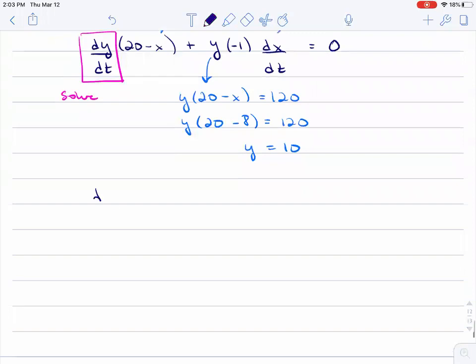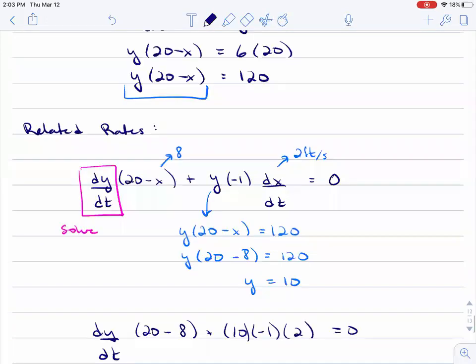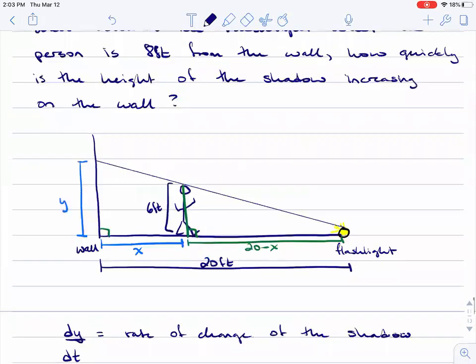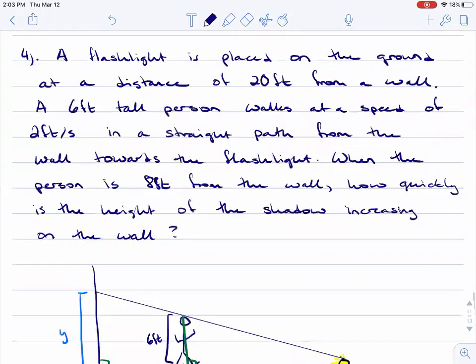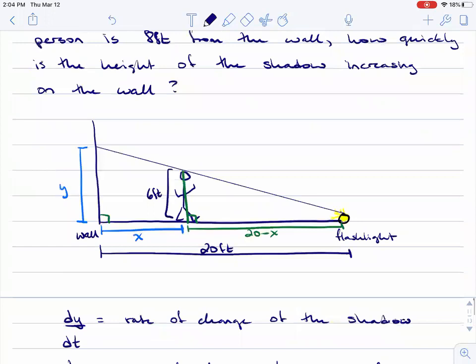Let's plug in those numbers. So we get dy dt times 20 minus 8, plus 10 times negative 1 times 2, equals 0. We just want to make sure that we have the right sign, positive or negative. A 6-foot tall person walks at a speed of 2 feet per second in a straight path from the wall towards the flashlight.